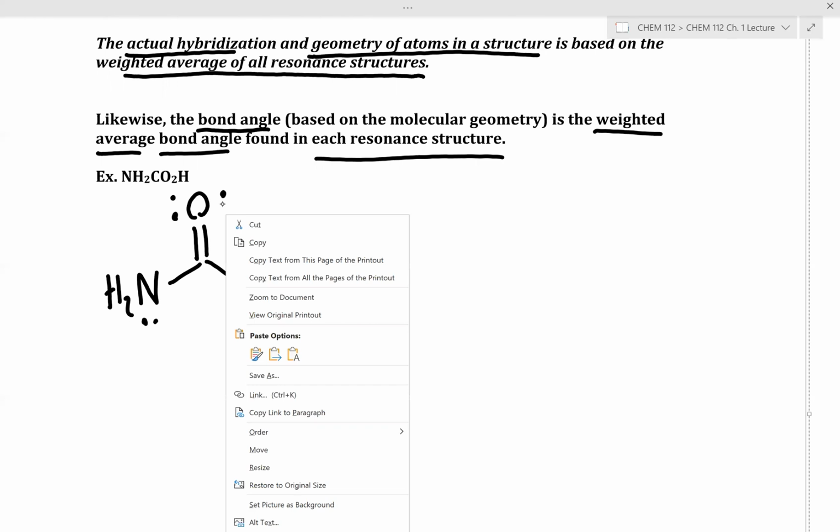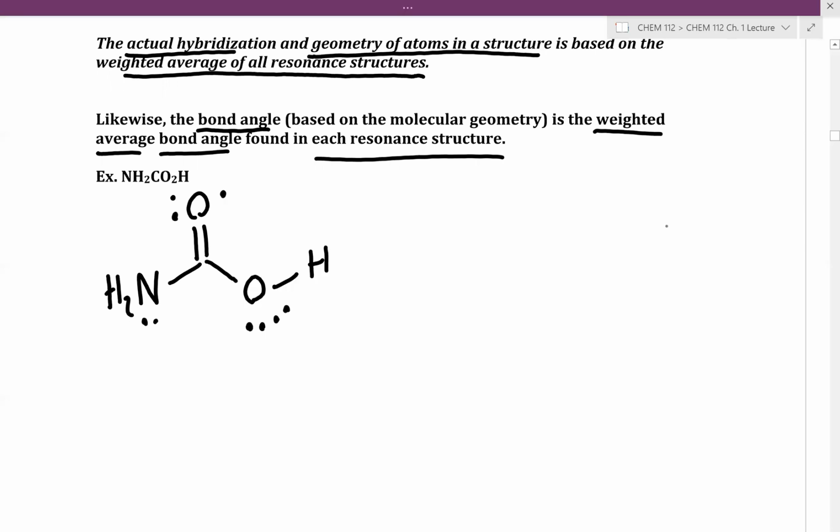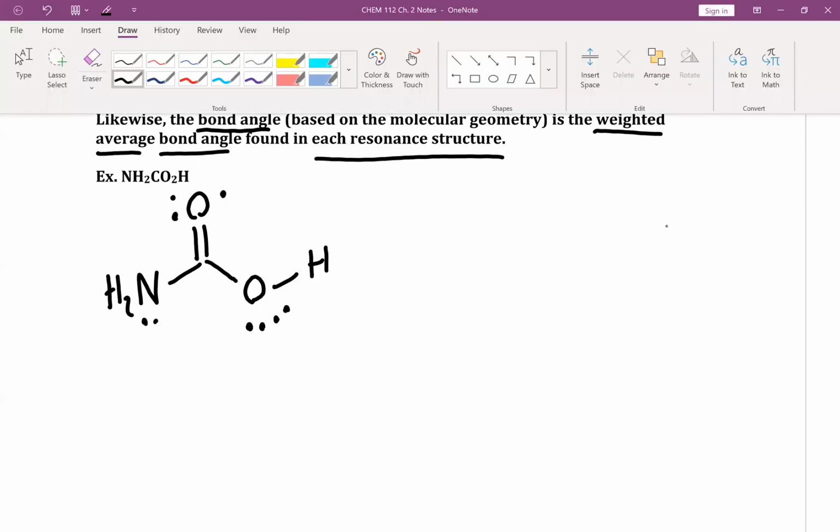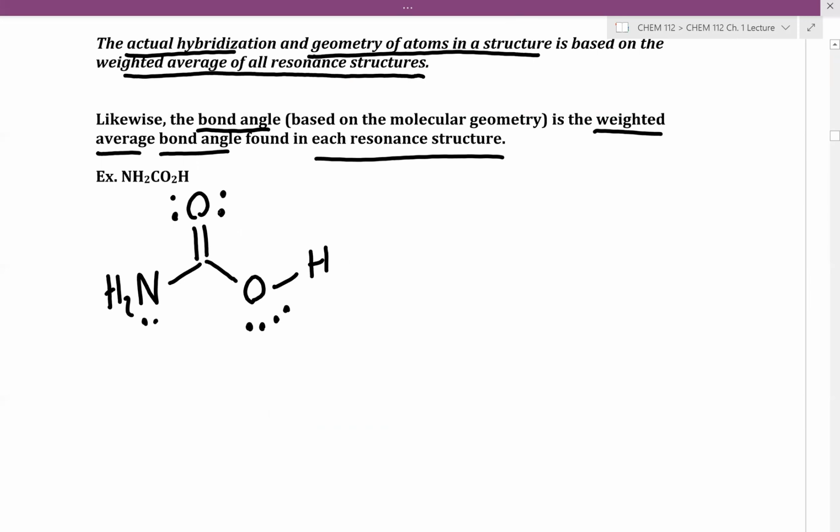Now, as we discussed previously, there is a major contributing resonance structure for the amide functionality. We can draw that by pushing our arrows from the lone pair down and kicking our double bond up. And that gives us the following contributing structure.